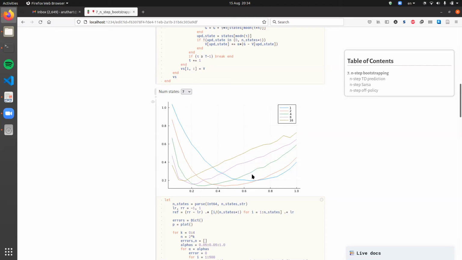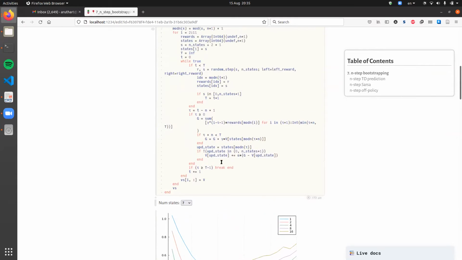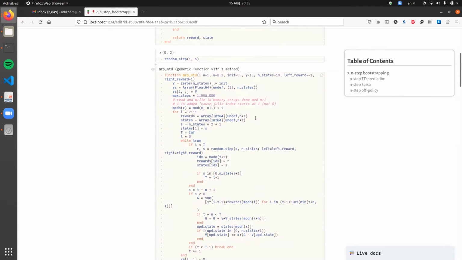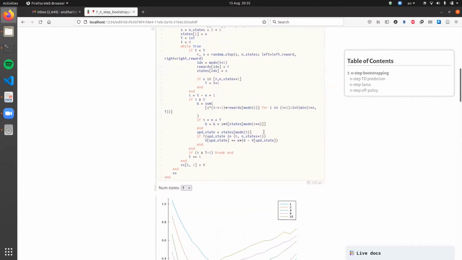And as you can see, in general, this rule holds that with a larger n, we need a lower alpha.